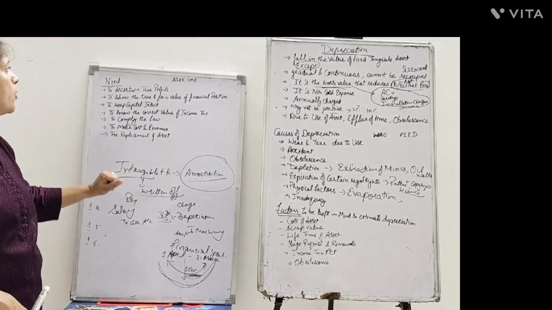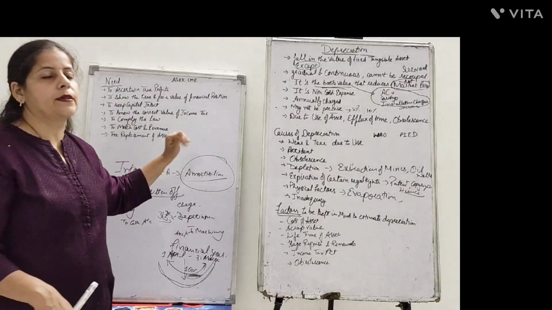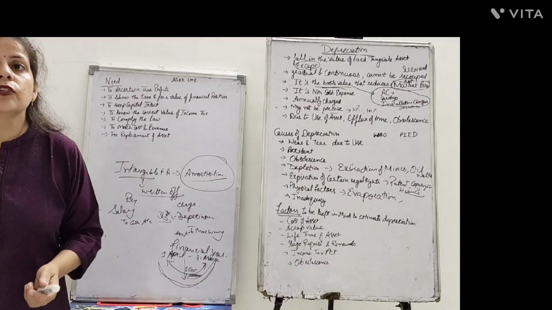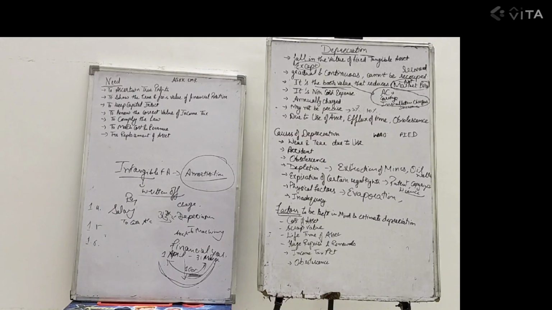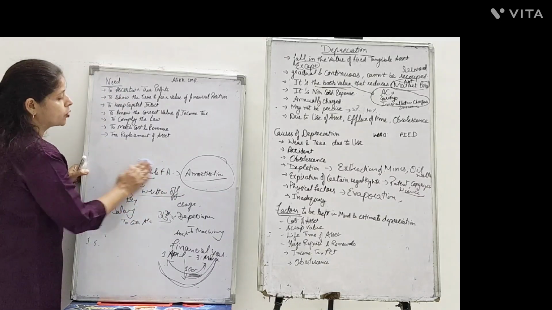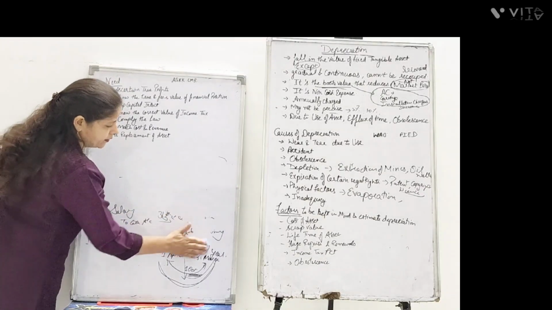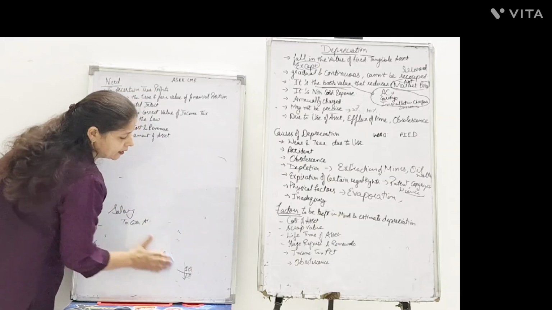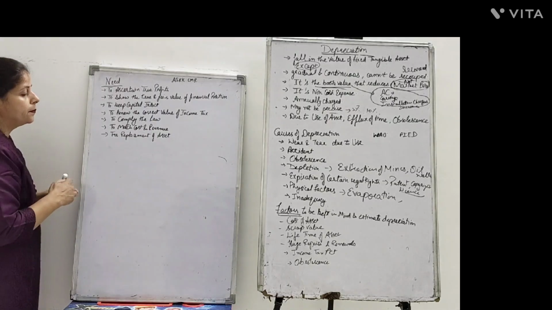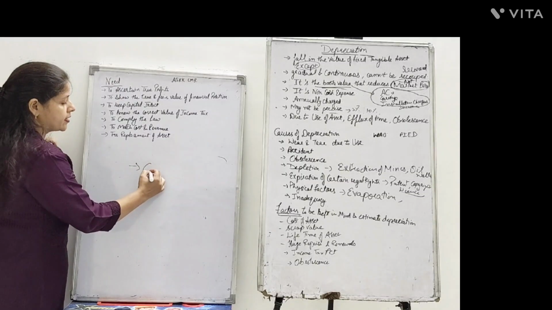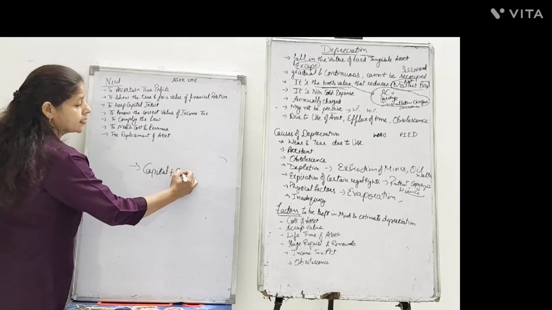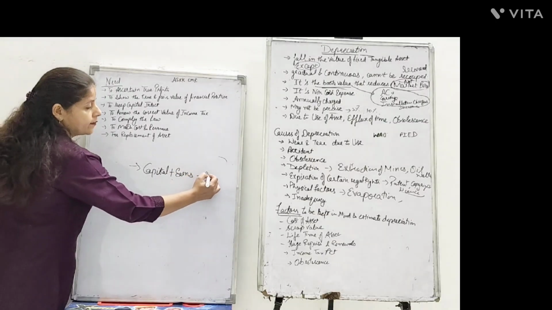Now the next point is the need of charging depreciation. Why does depreciation have to be there? First of all, we need to charge depreciation because we want to calculate the true profits of the business, right? As an accounting equation, the business owner invests capital in the business, whatever he earns is added, whatever he spends is deducted.